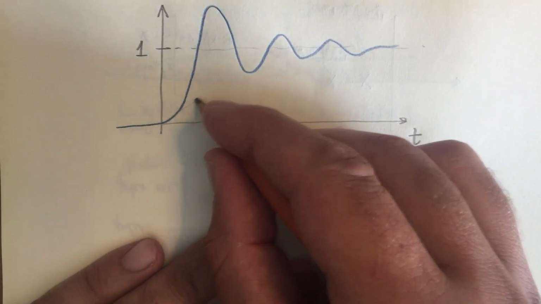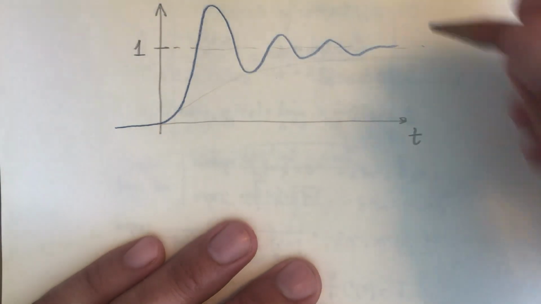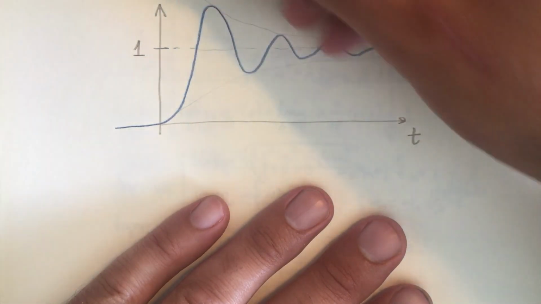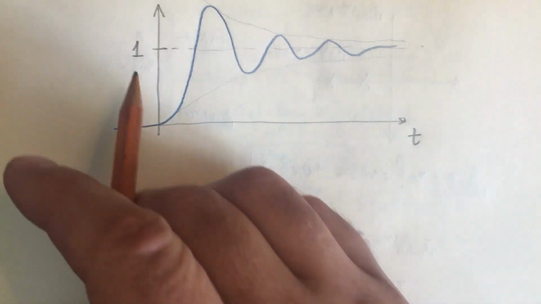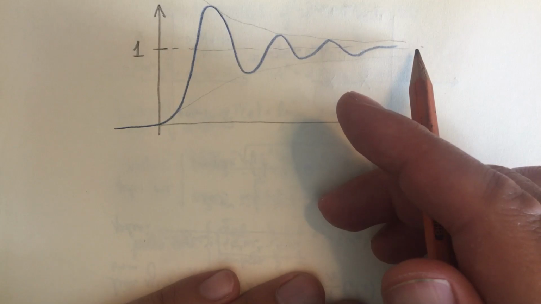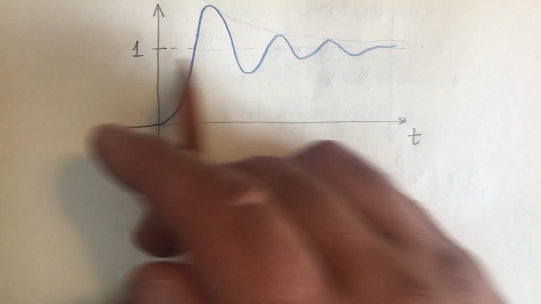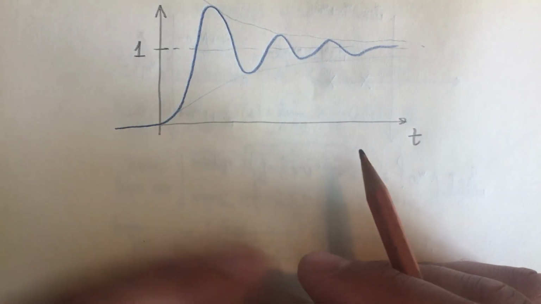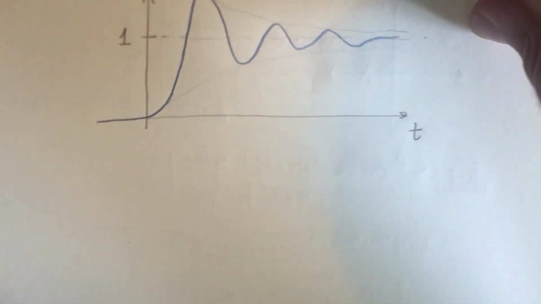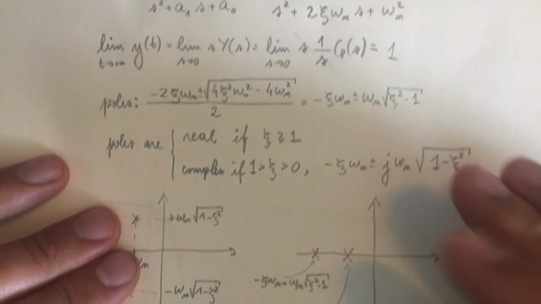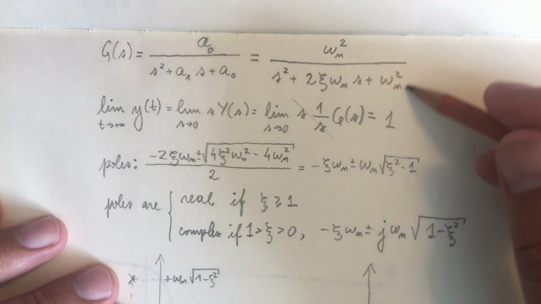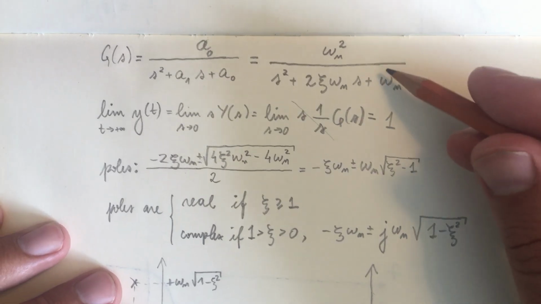The amplitudes of the oscillations, as I told you, are framed by exponential curves. I told you that the response is converging to 1 because the input is a unit step. Of course, if the input is not a unit step, there will be a scale factor here, just as there will be a scale factor if the numerator is not equal to the independent coefficient of the denominator.